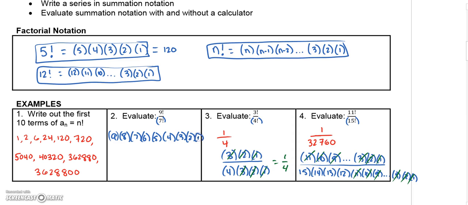I guess you could stop at 2. The bottom's going to be 7, 6, 5, all the way to 1. And what's going to happen? Well, we know how to work with fractions, right? I have factors on the top and bottom. They're going to offset. And what am I left with? 9 times 8, 72.